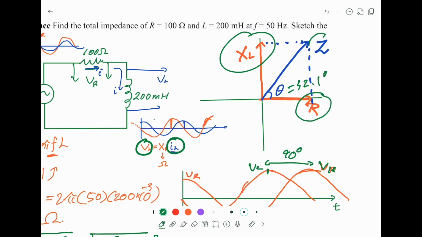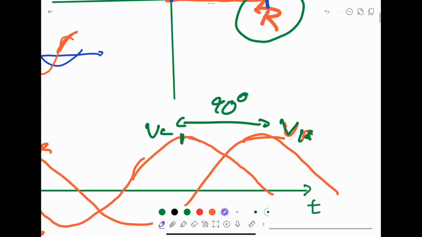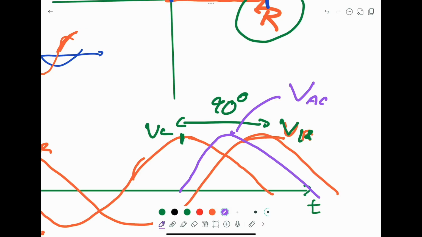How about the Z? The Z is 32 degrees ahead of the R. So this time we plot another peak here, this is V, the source.